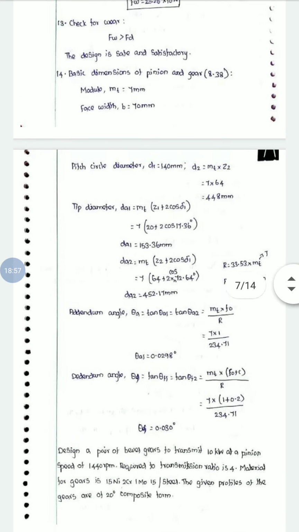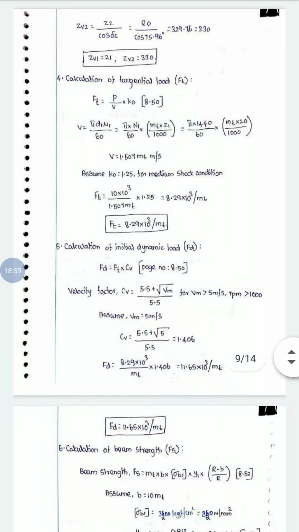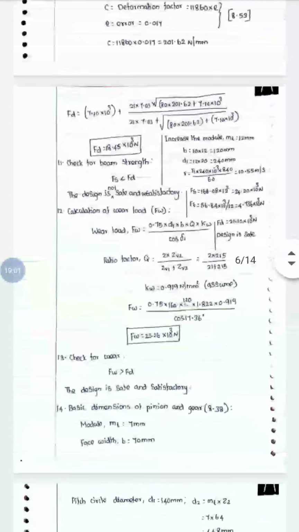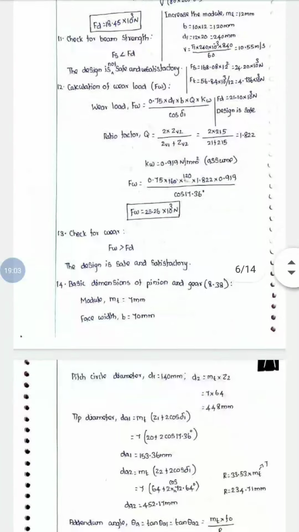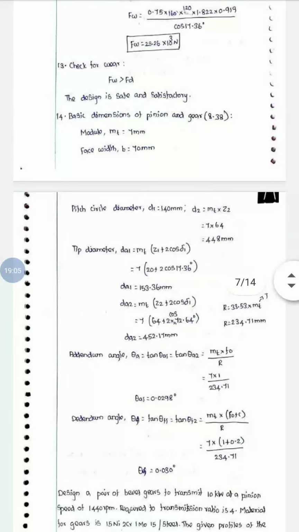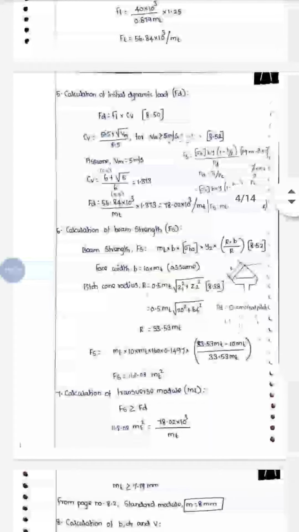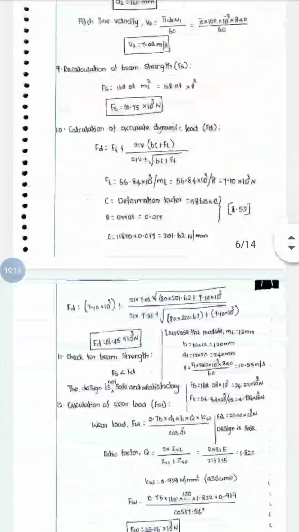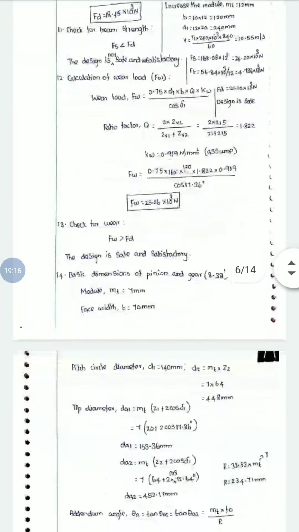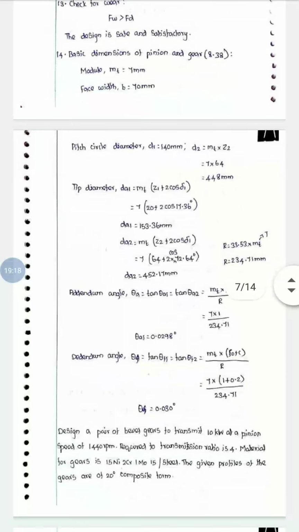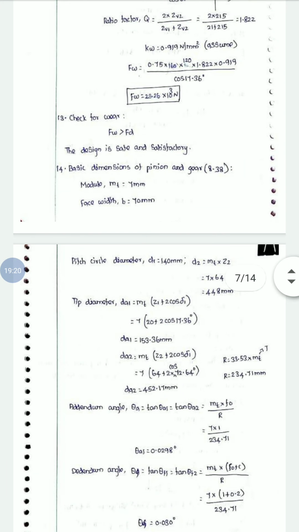This is in the basic dimensions, page number 8.38.